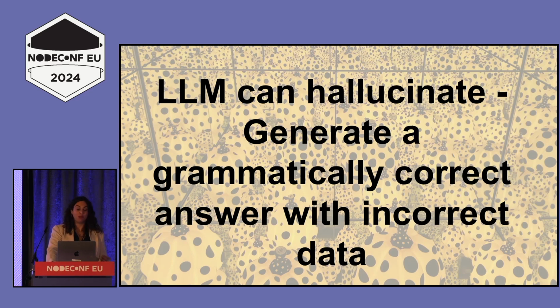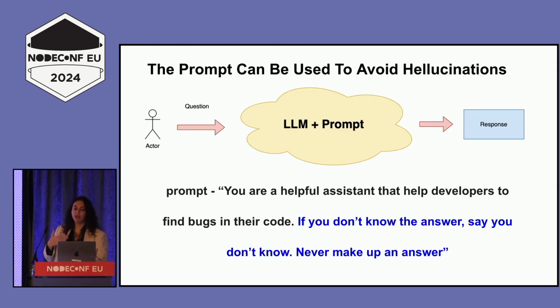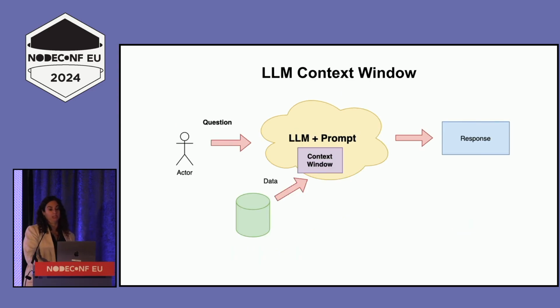One way to avoid this phenomenon is more training, but this is not very reachable. I think a good way to avoid it is by working with a prompt. When you say to the LLM, if you don't know the answer, say you don't know, never make up, then I think no hallucinations would happen, at least according to my experience.